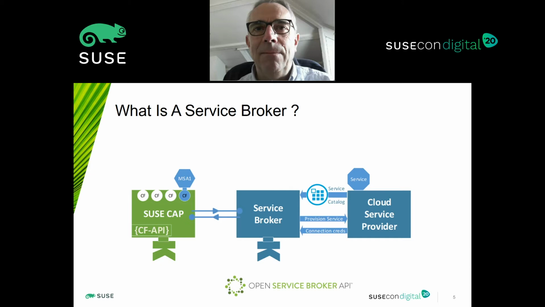The service broker helps in managing the full life cycle of a service, like the creation and the deletion. On a service creation, the service broker returns connection credentials to reach it. The Cloud Foundry application will bind this service to the requested application using these credentials.